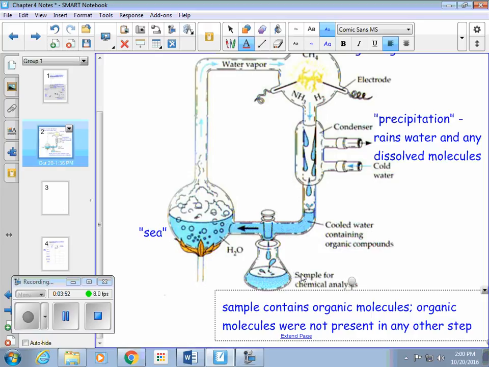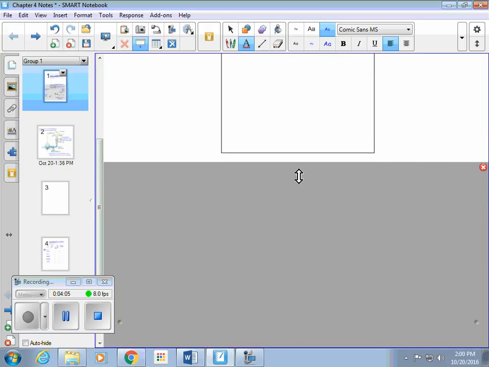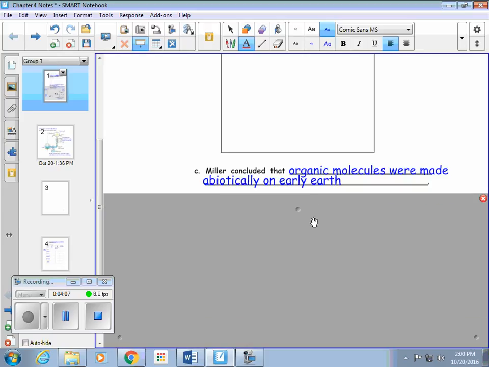So we're talking carbohydrates, proteins, and those organic molecules are present here, but were not found anywhere else on this setup. So by doing this experiment, Stanley Miller was able to conclude that, yes, in fact, organic molecules were made abiotically on an early Earth.